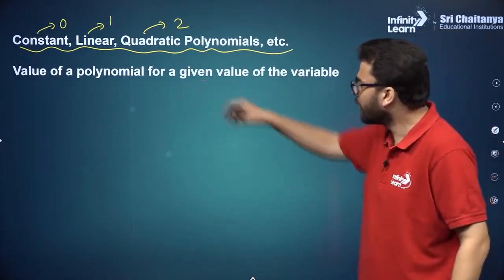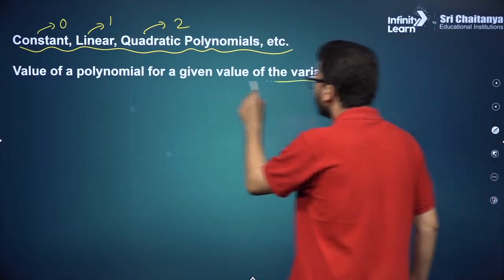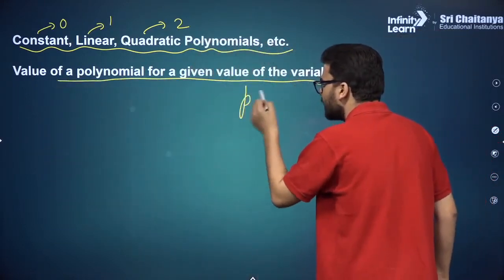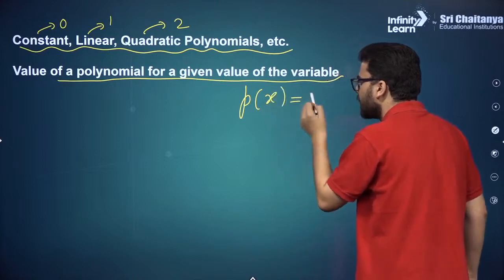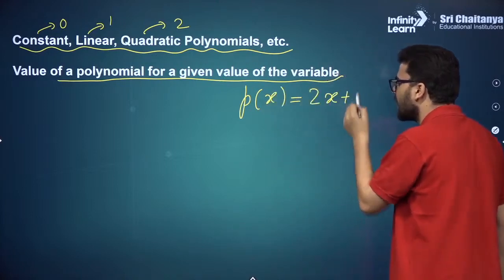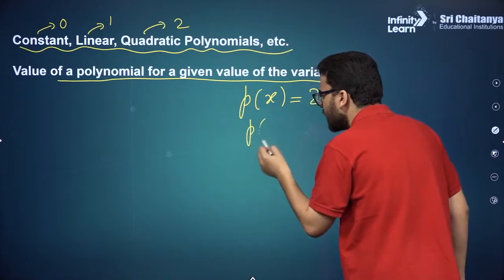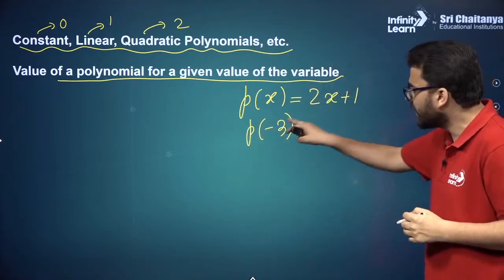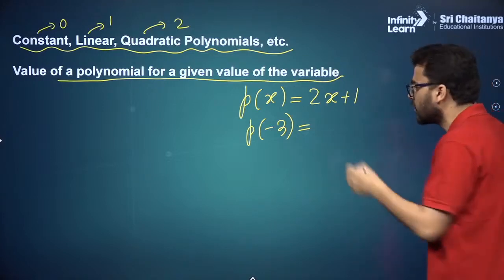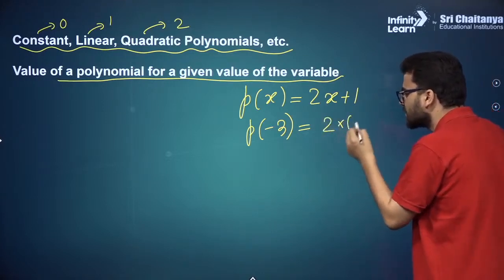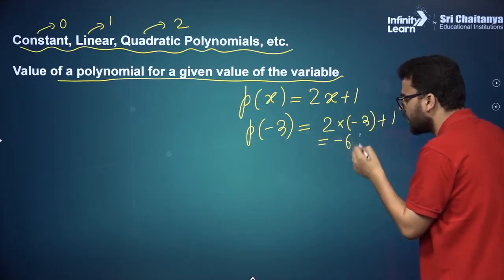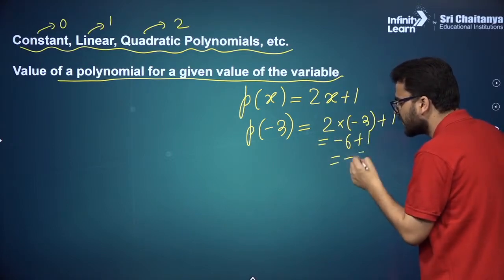Now, value of a polynomial for a given value of the variable. A simple example, suppose I've got a polynomial p of x is equal to 2x plus 1. Can we find the value of p of minus 3? P of minus 3 means in place of the variable x, you have to put x is equal to minus 3. So minus 6 plus 1, that is minus 5.